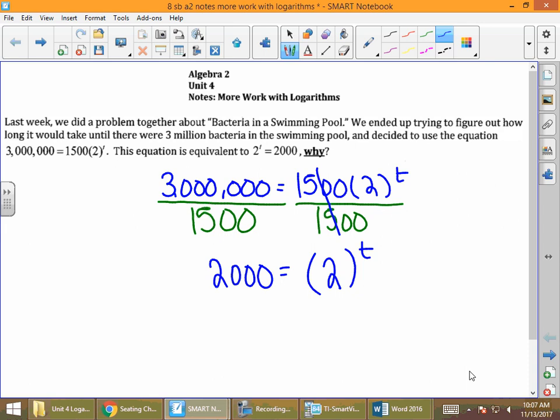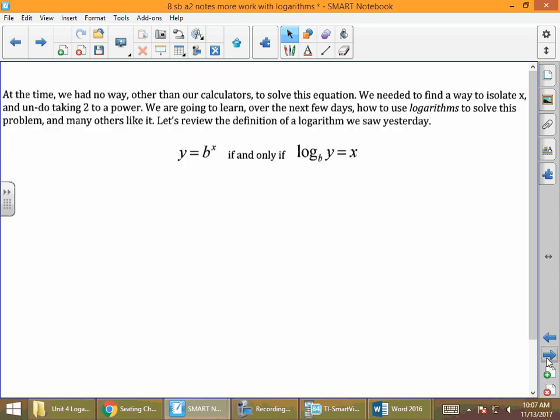And we're going to explore this idea a little bit more of solving. But the question ultimately ends up to be, well, 2 to what power equals 2,000? And the only way that we can really solve something like that is to use our table and our calculator.